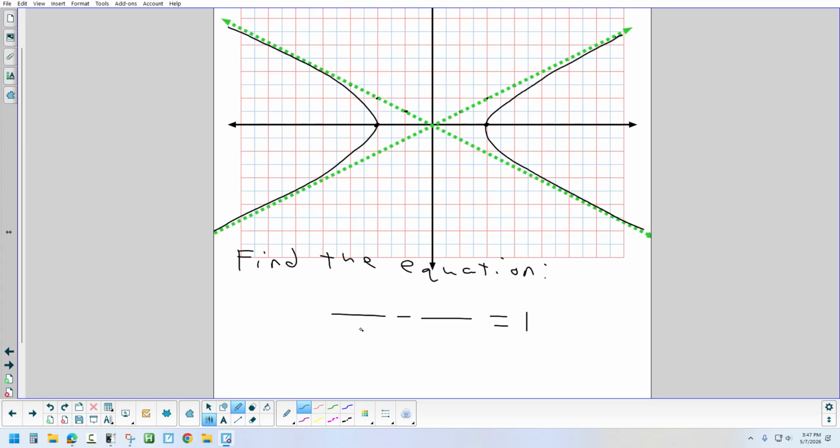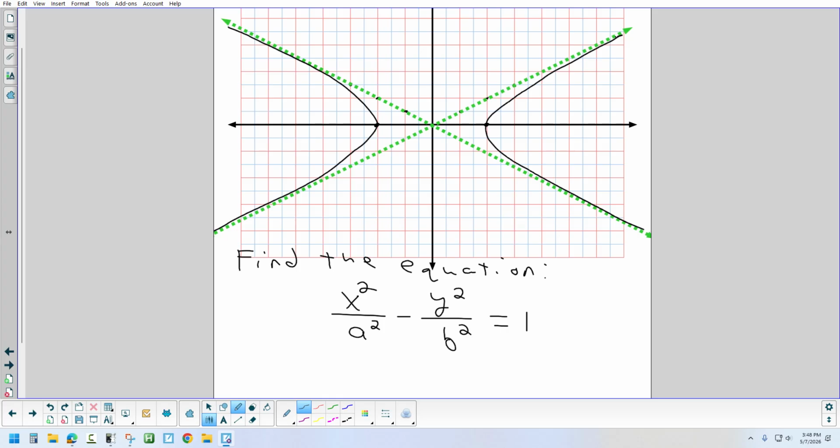And your second denominator? B squared. And now the transverse axis goes which way in this hyperbola? Horizontal, which means we want what letter to be positive? X. So what are we going to put in our first numerator? X squared. Second numerator? Y squared.